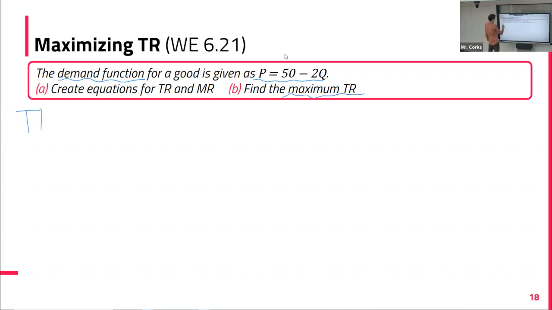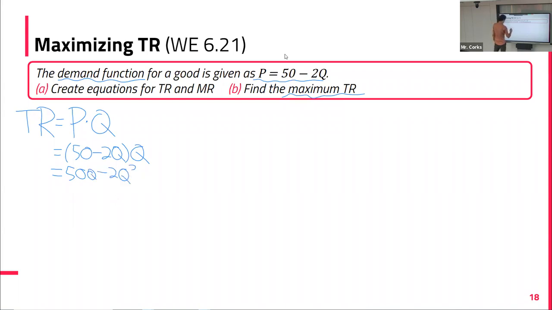So total revenue, what is our basic formula for this? All right, P times Q. And how did we use this to make it? Okay, so we just substitute this whole thing in for P. So we had 50 minus 2q times q, so 50q minus 2q squared.